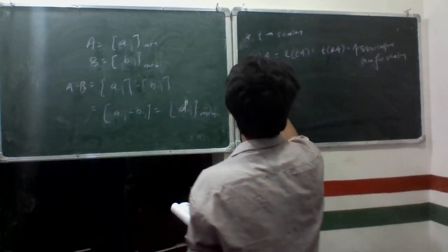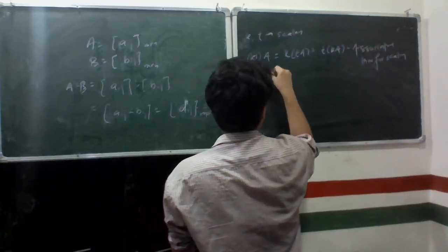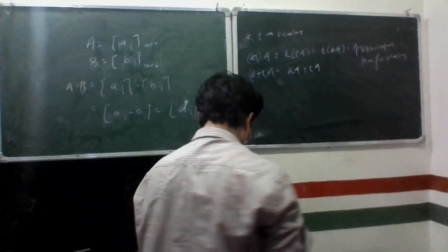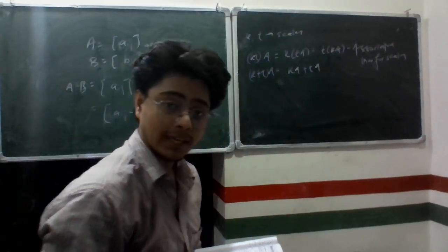Let's suppose we have addition of these two scalars, then we can write Ka plus Ta, which is called the distributive law of scalars.